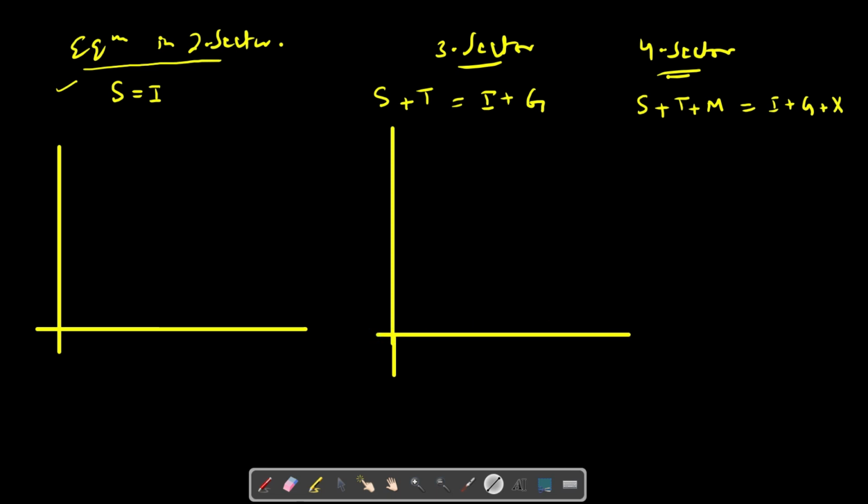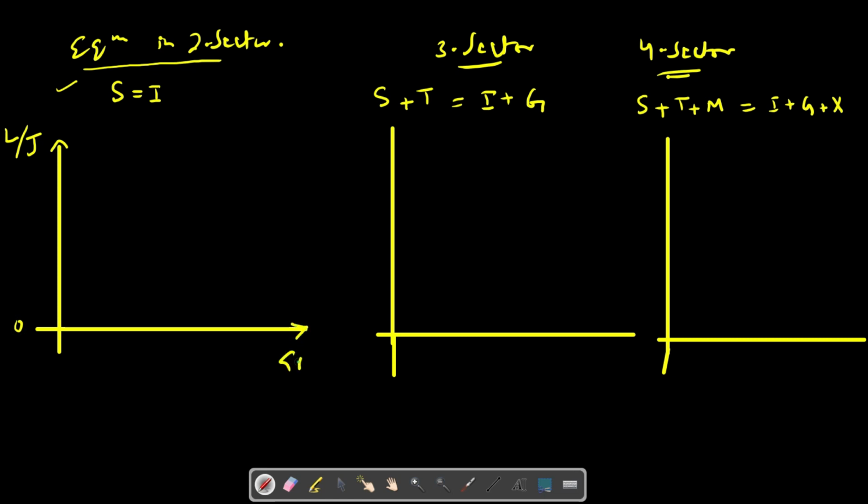Okay, what is the difference between them? So these are the axes. In this first graph of the two sector economy, I'll put leakages and injections here. We use L for leakages and J for injections, and this is the origin point.